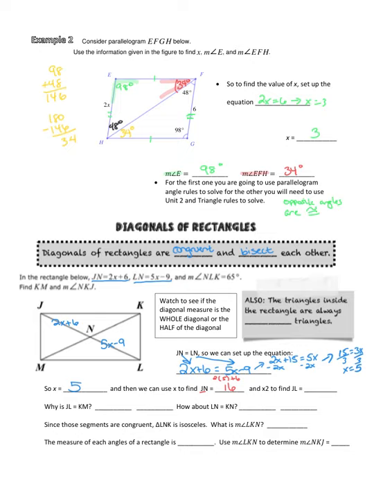Now let's go look at this problem again. Okay, what are we trying to find? We need to find KM. This is KM. Now, we know, again, property of a rectangle, that JL is congruent to KM.